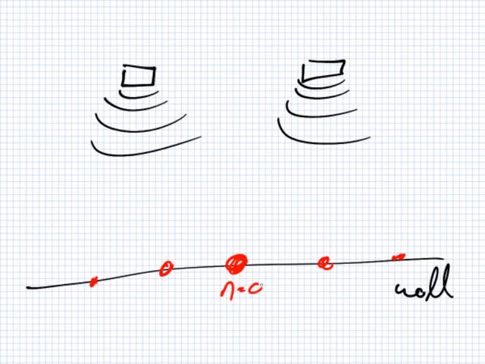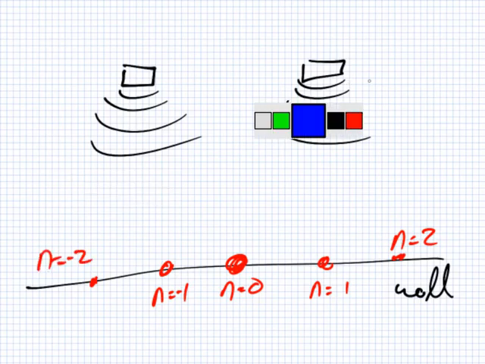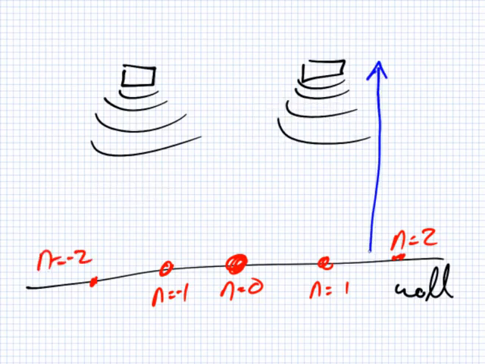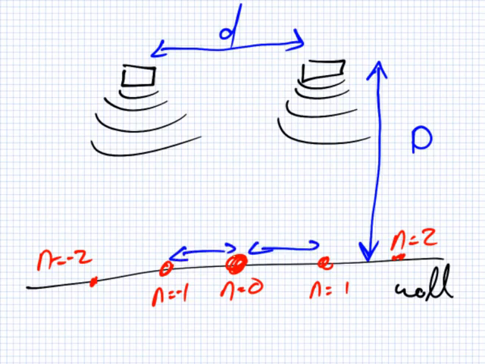This is n equals -1, this here is n equals -2. So, this distance here, big D, this distance here, I think we called it small d, and this distance between the peaks is s.